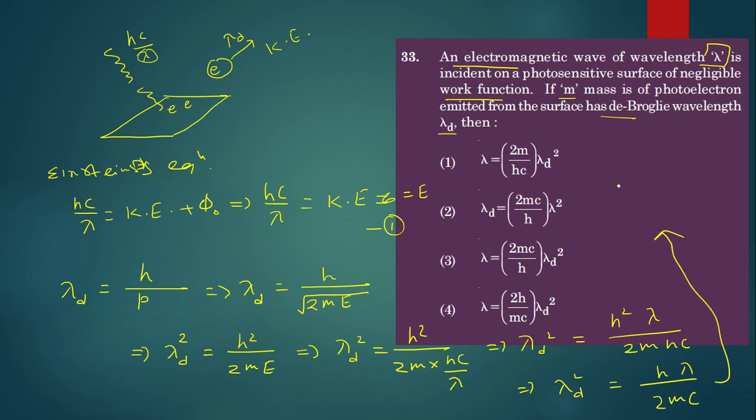Let me continue this here, which will give us lambda equal to 2mc divided by h multiplied by lambda d square. So I think the correct option will be this one, option 3. Now let's move on.